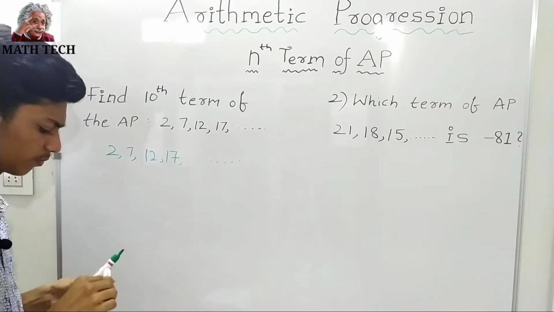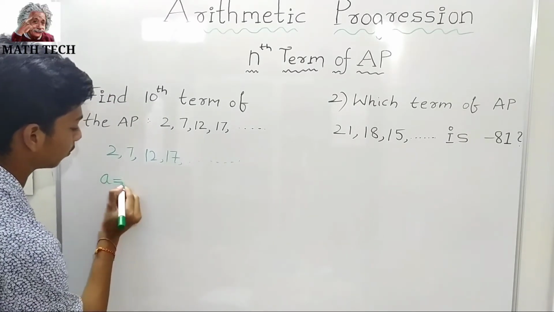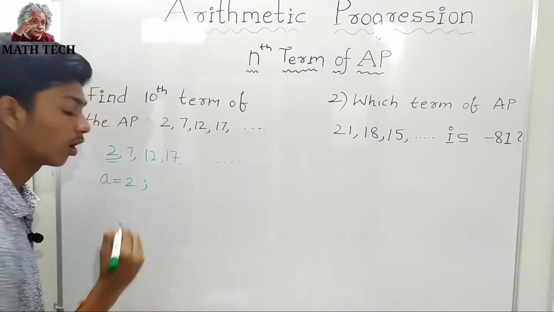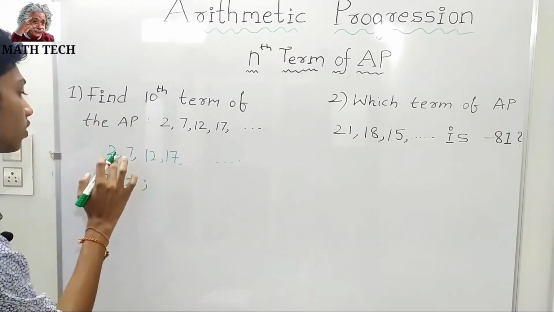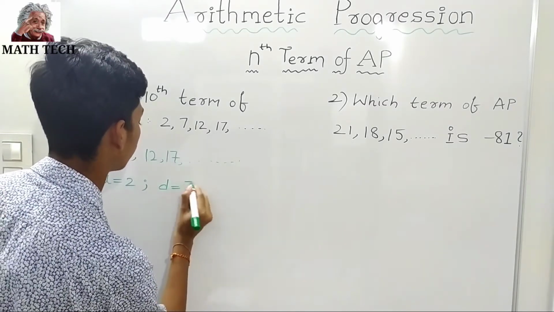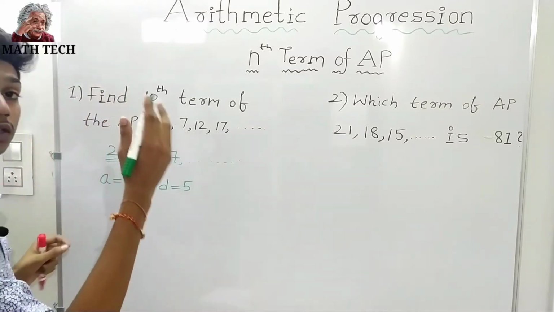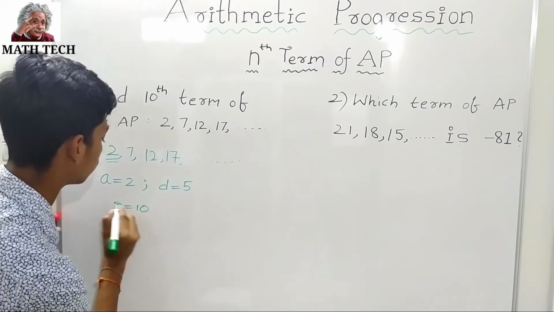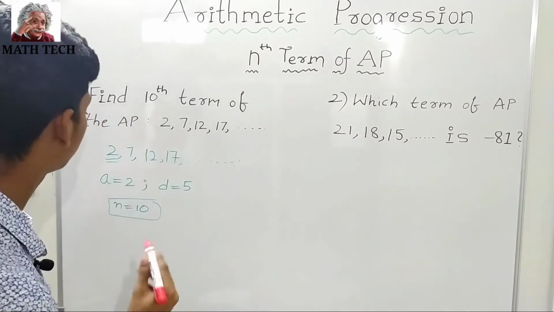Here A, the first term, is 2. And what is the common difference? 7 minus 2, that is 5. Common difference is 5. And we want to find the 10th term, so the value of n is 10.